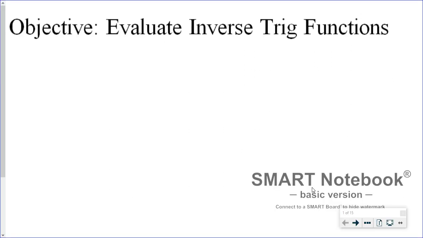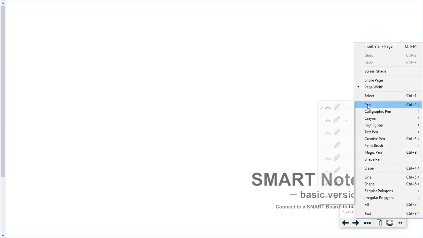So today we're going to discuss inverse trig functions, like I mentioned. First we need to discuss a little bit about what an inverse trig function is. First we'll review what a regular trig function is.